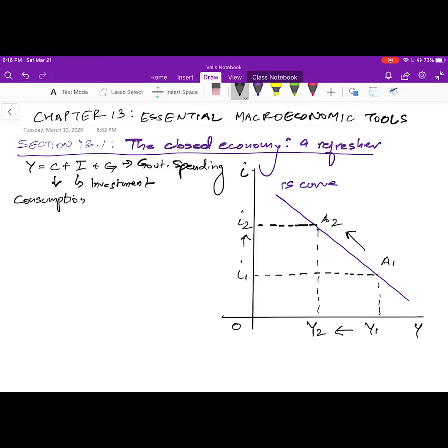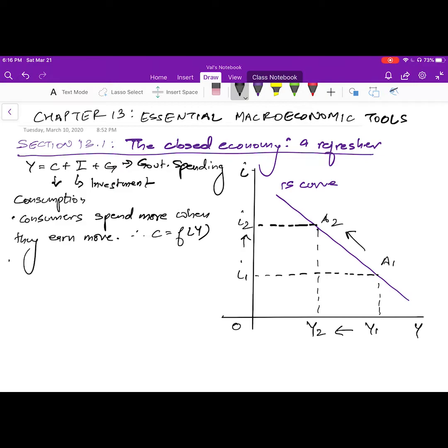Some of the basic things to keep in mind about the economy and the IS curve is that consumers spend more when they earn more. Therefore, consumption is a function of output.